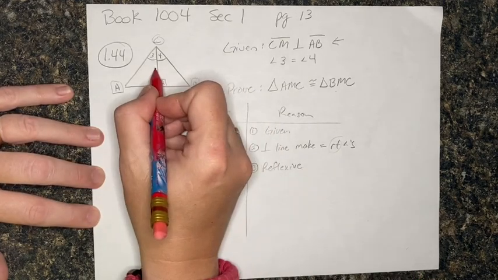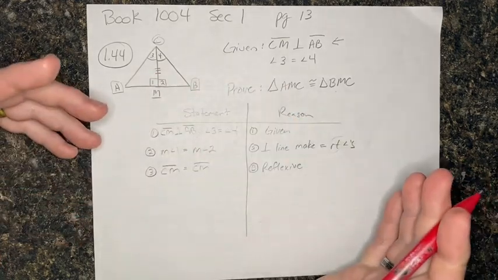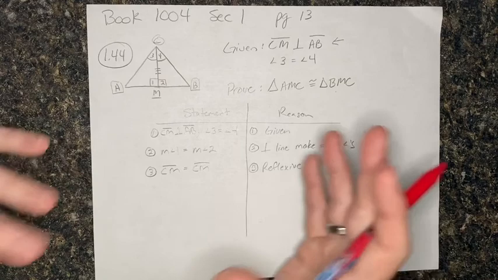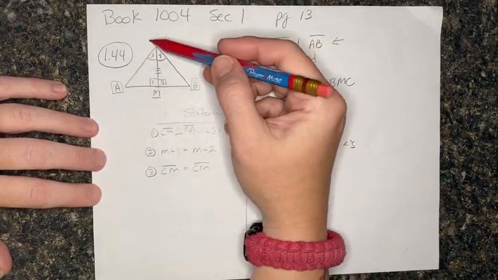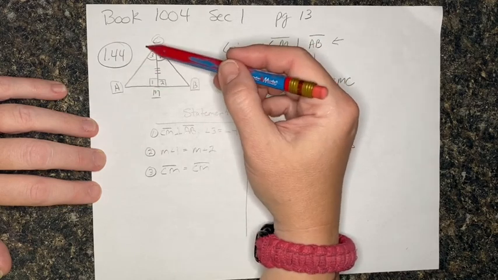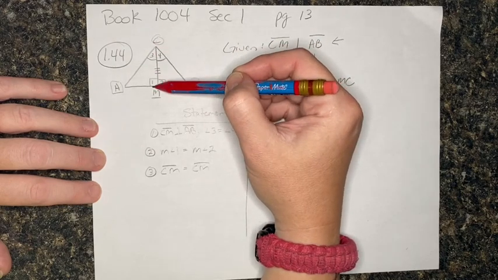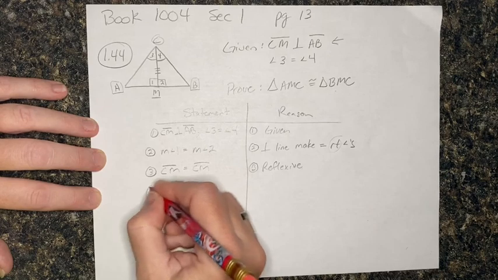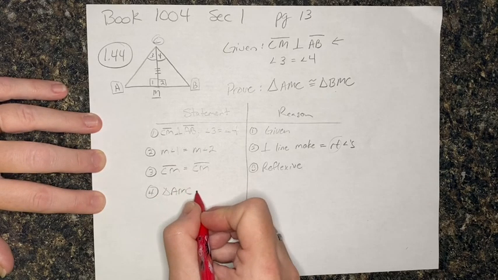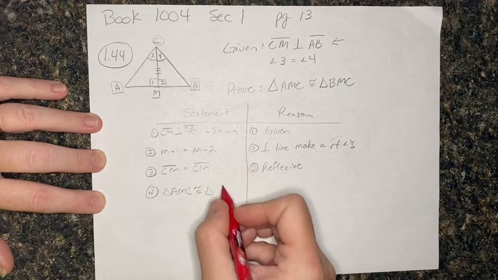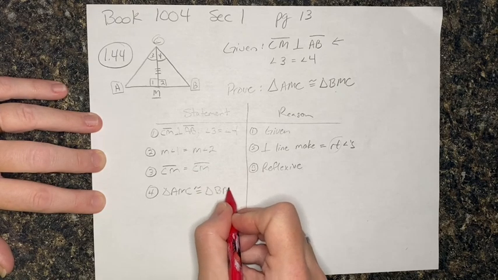So now we have, and I always usually mark reflexive sides with 3 marks because I want to make sure I know what I'm looking at. So now if we're walking around this triangle, we have angle, side, angle, right? So we can say in step 4 that triangle AMC is congruent to triangle BMC.